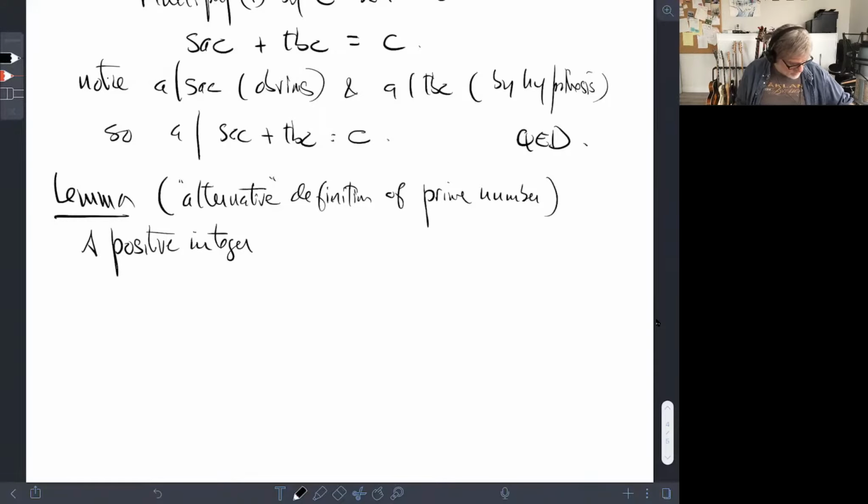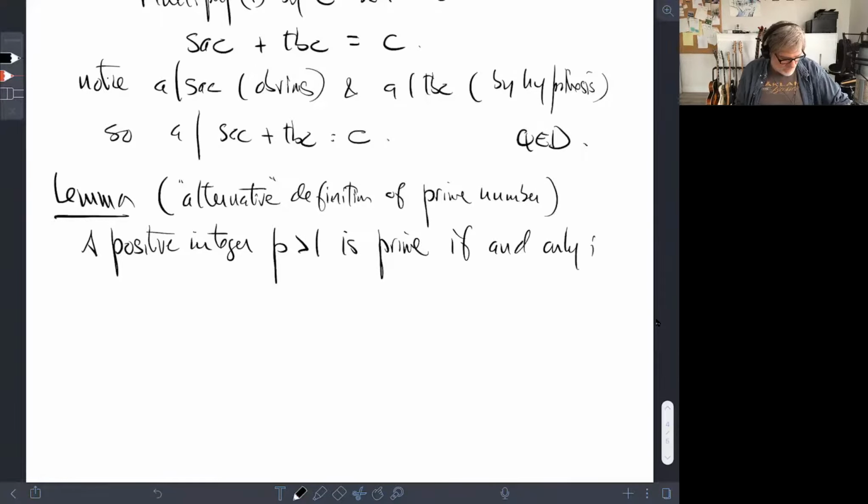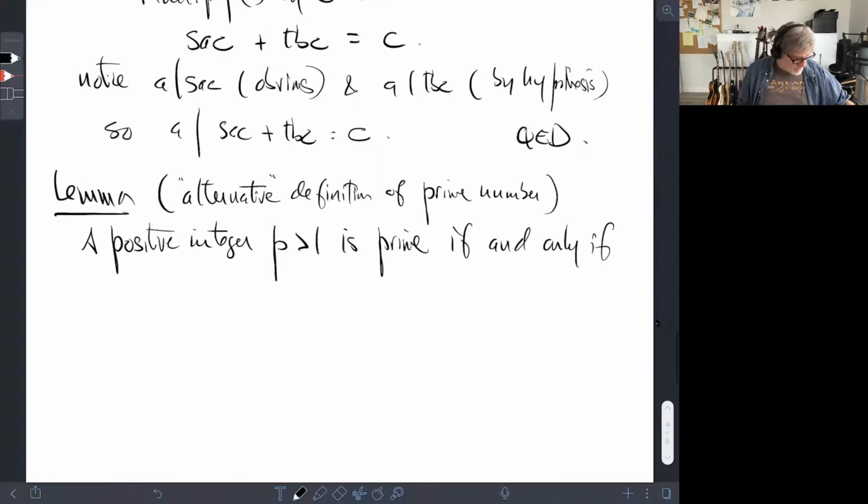So a positive integer P bigger than 1 is prime if and only if, right? So you see that this is an equivalent statement: the number P is prime if and only if it satisfies the following property.